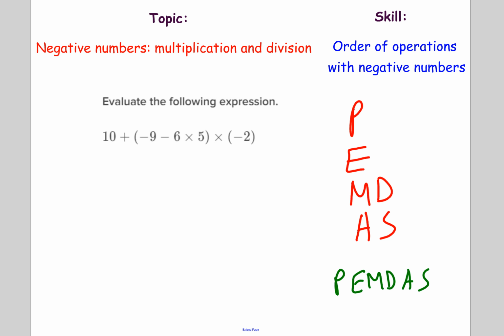The reason is that multiplication and division and addition and subtraction are equally ranked, and you actually do those in order from left to right, not necessarily multiplication always before division. So I write: parentheses, exponents, multiplication, division, left to right.